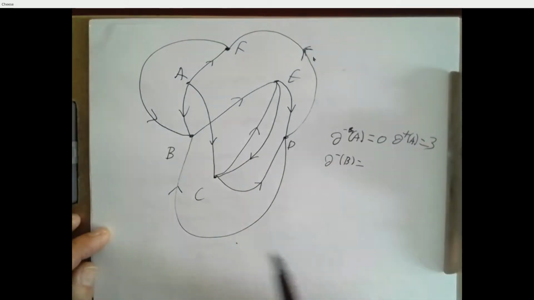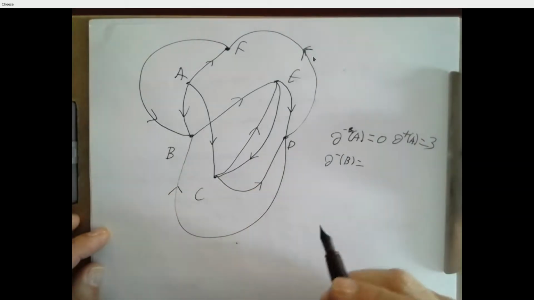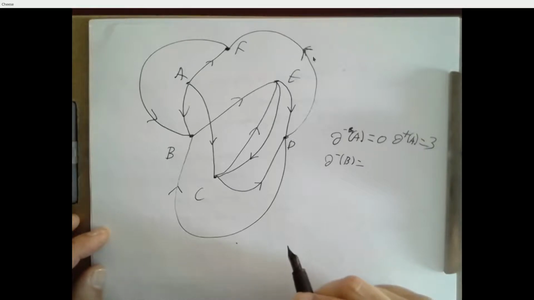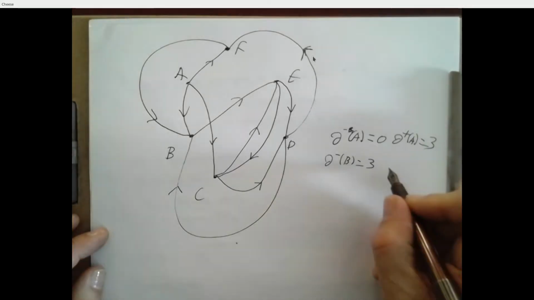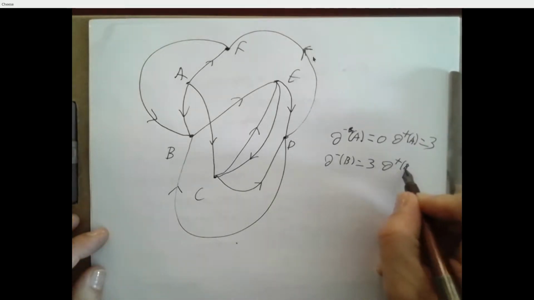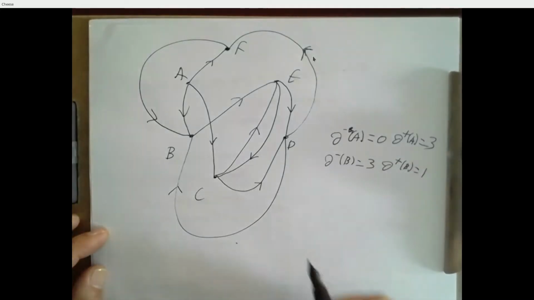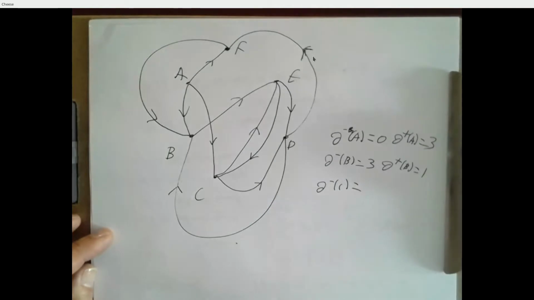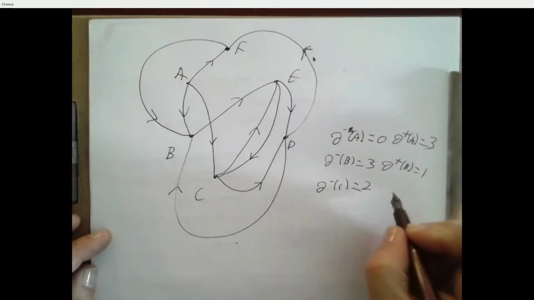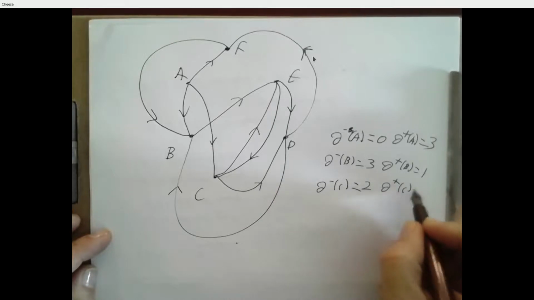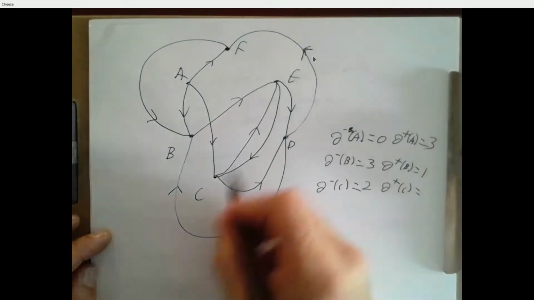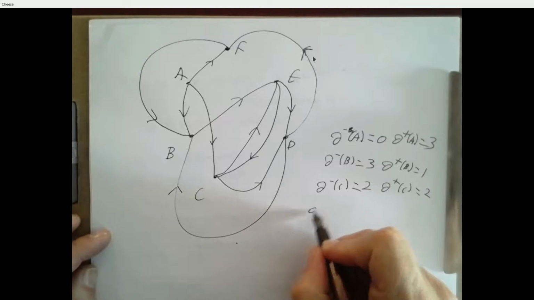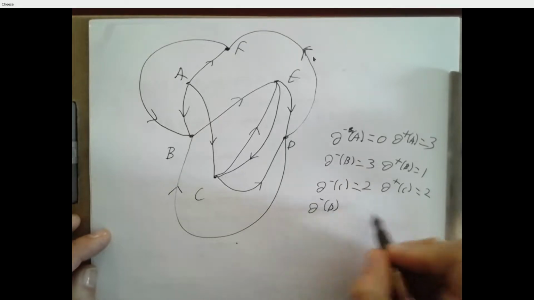All right, for B, the in degree is what? 3. And the out degree is 1, good. All right, for C, how many things going in? 1, 2. And number of things going out, also 1, 2.